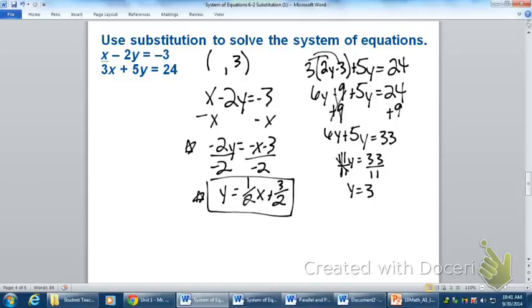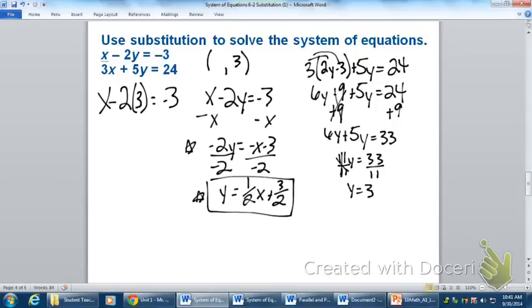What are you doing? Okay, so you can choose either one to plug in y for. It looks to me that the first one, x minus 2y is equal to negative 3, looks like it's easier to plug in 3 right there for y. So let's do that. All I'm doing is substituting what we just found for y in for y.